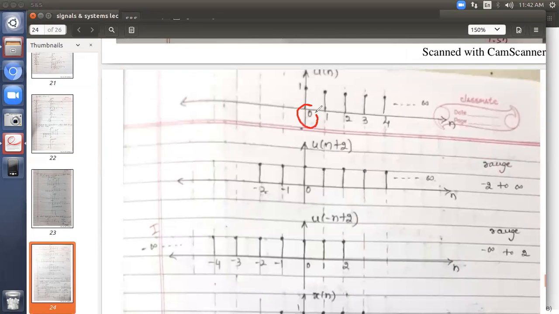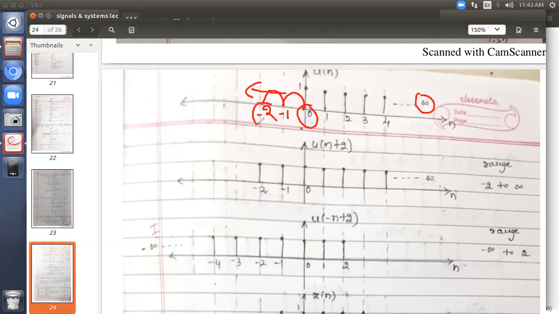u of n is starting from 0 extending up to infinity. If you shift the signal to the left side by 2 amounts, we will start with 0, 1, 2. Let me mark this -1 and -2.